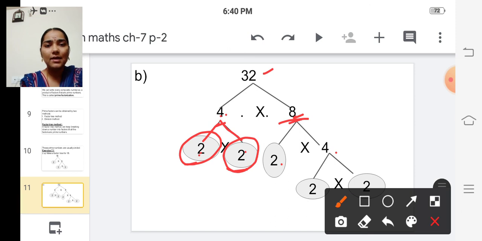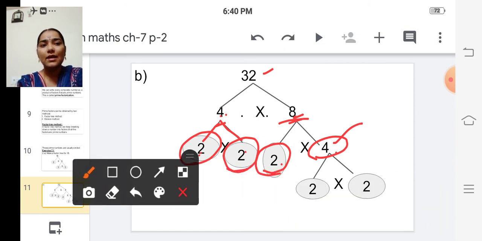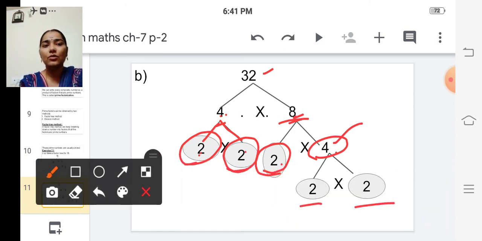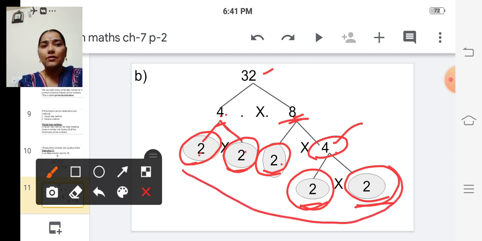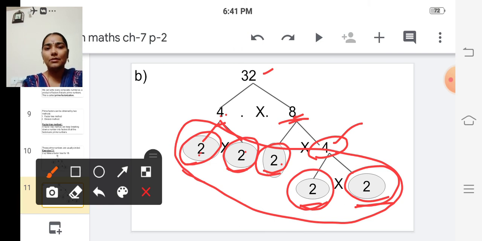So here 2 is the prime number, but 4 is not a prime number, so we have to break down 4. 4 can be written as 2 2s are 4. So 2 and 2 are prime numbers. We have circled. So we get all factors as prime numbers.